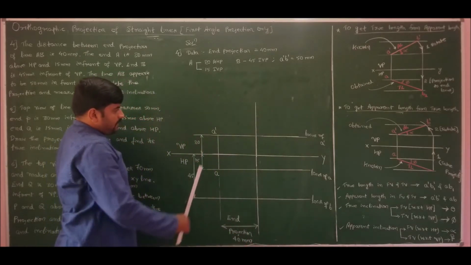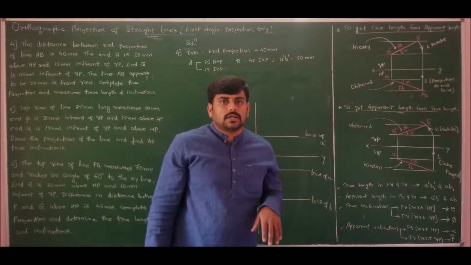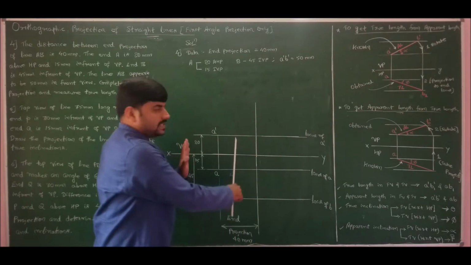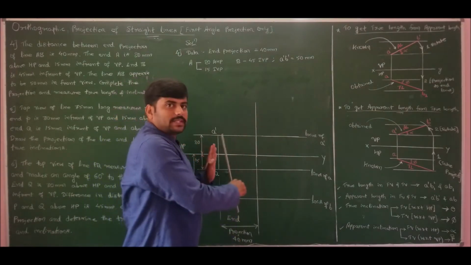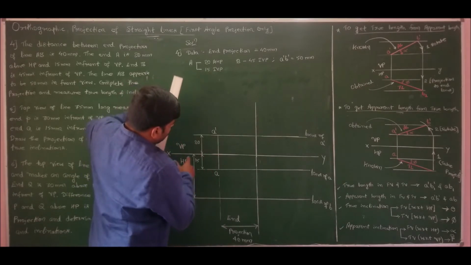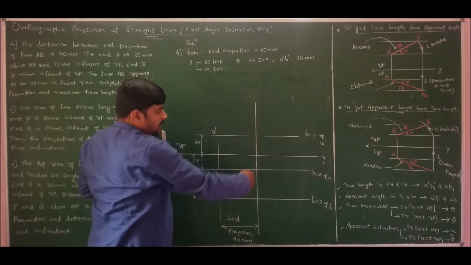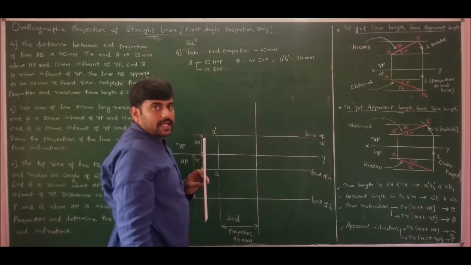As we know, the end projector concept holds good only for apparent lengths. On the vertical line of this end projector, the two extremities of the line should come and lie. So the extremities of the line, A dash and A, are lying on this vertical line. Therefore on this vertical line I should get B and B dash.